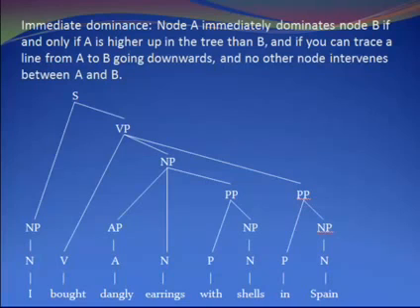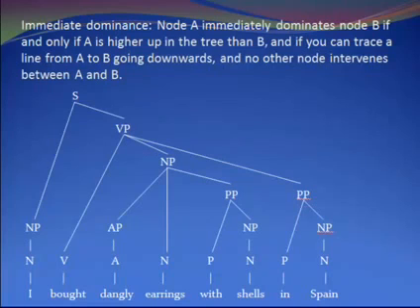However, what you then see is that the prepositional phrase node does not immediately dominate the N node, because although it's higher up in the tree and you can trace a line from the PP node to the N node, there is in fact another node intervening between PP and N. That's the NP node. So you can say the prepositional phrase node dominates all three nodes P, NP and N, but it only immediately dominates the P and the NP.